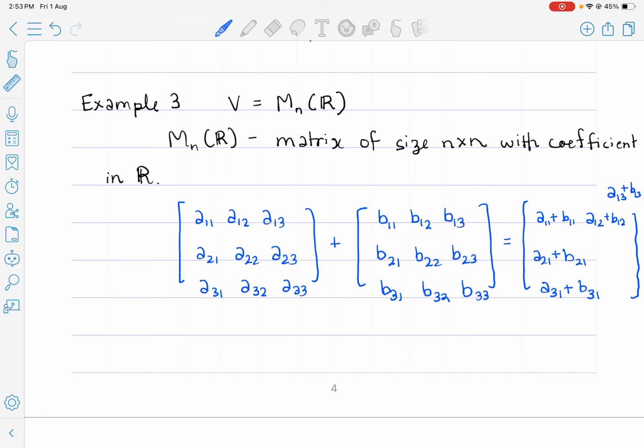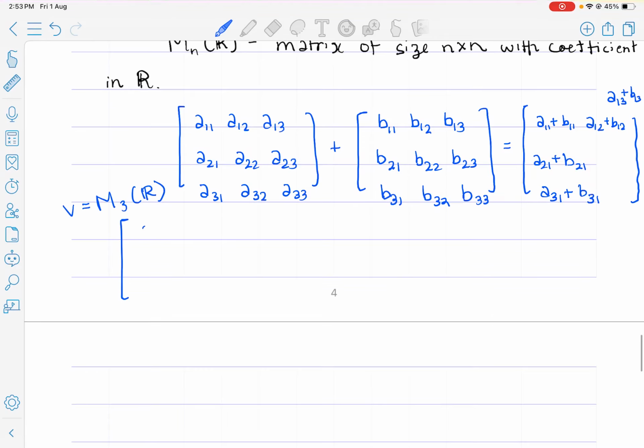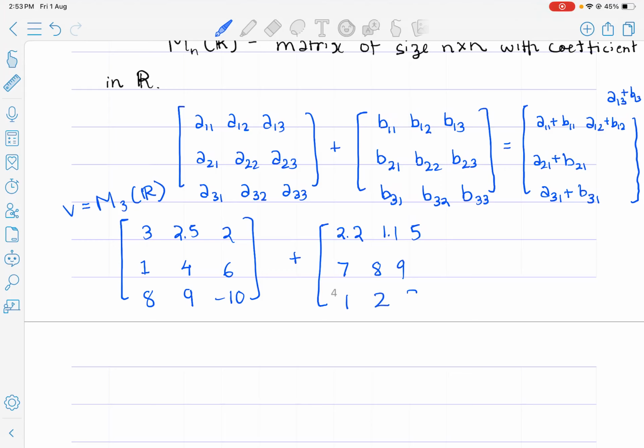I don't have space, but you got the feeling. So let's take an example in the vector space M_3(R). You have 3, 2.5, 2, 1, 4, 6, 8, 9, minus 10, plus another matrix 2.2, 1.1, 5, 7, 8, 9, 1, 2, 3.